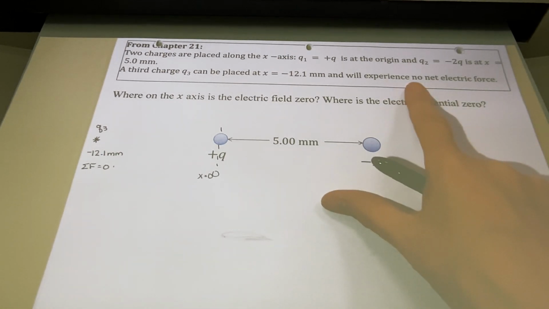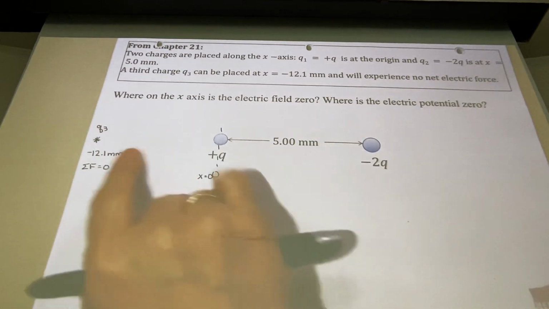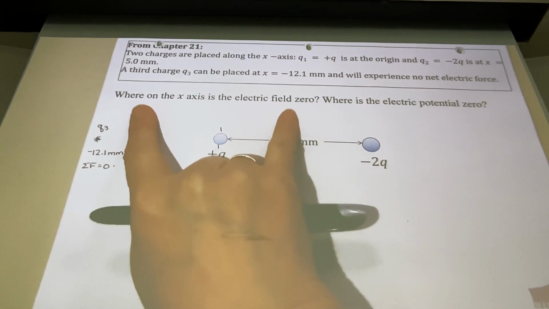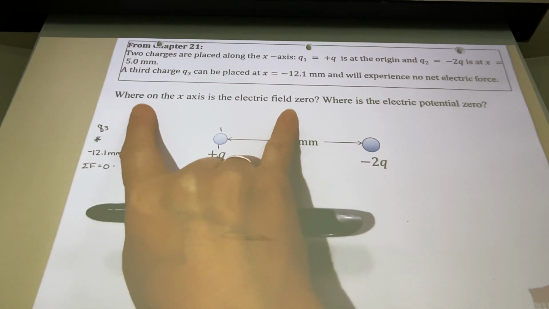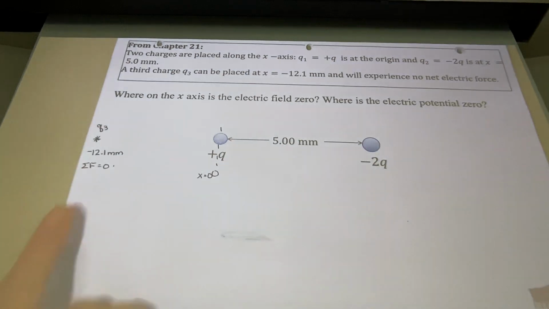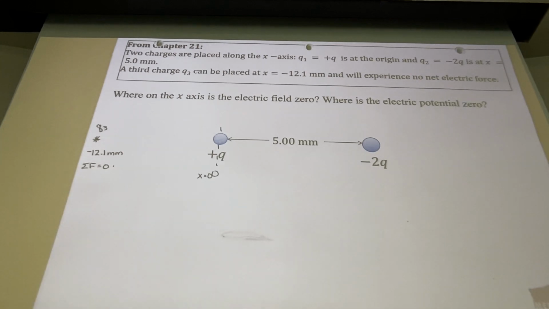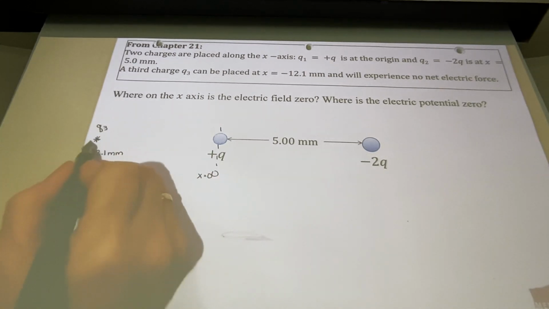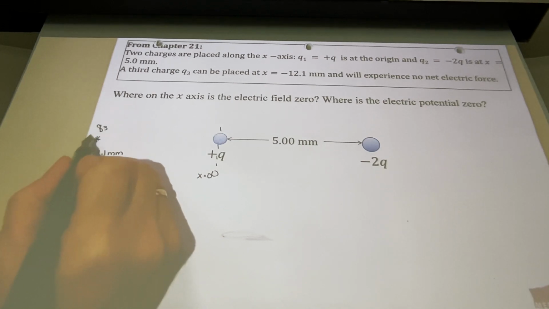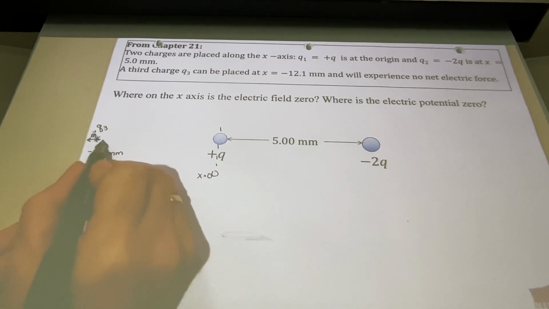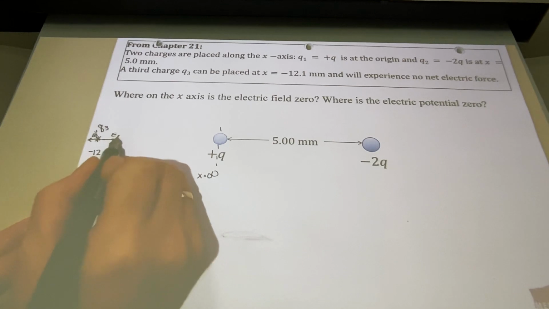So we're going to take this to the next step. Our first question here: where on the x-axis is the electric field equal to 0? Well, if the force is 0, the field has to be 0, because force is charge times field. So out here, our E1 would point to the left, our E2 would point to the right.